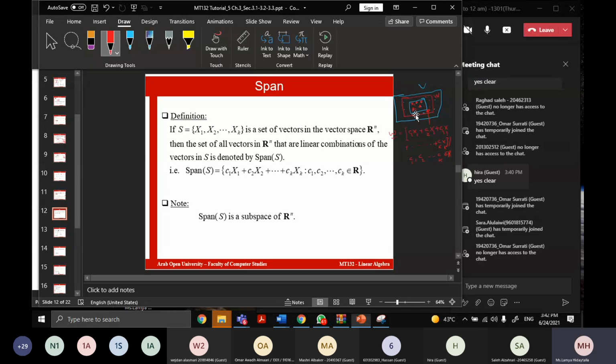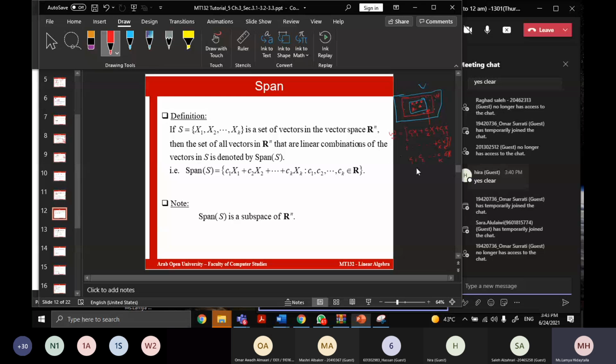Now the theorem states that this new space is a subspace of that vector space. If you have some elements, and from them you generate a space by doing linear combinations, then this space is a subspace of that vector space.